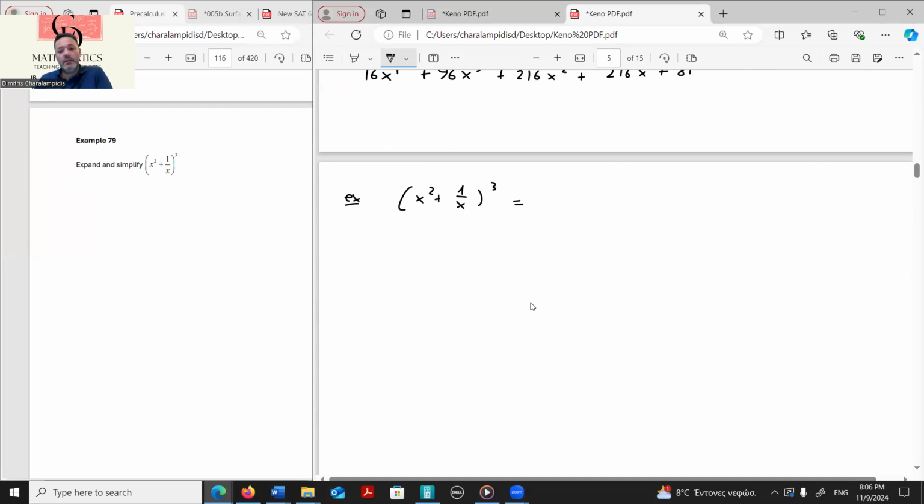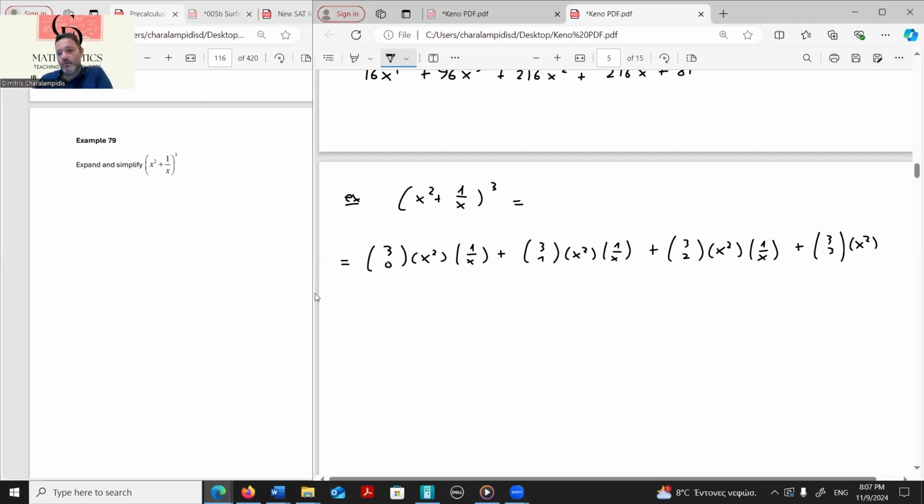I'll begin, like I did before, with the expansion part. It should be 3 choose 0 times (x squared) to the 3 times (1 over x) to the 0, plus 3 choose 1 times (x squared) to the 2 times (1 over x) to the 1, plus 3 choose 2 times (x squared) to the 1 times (1 over x) to the 2, plus 3 choose 3 times (x squared) to the 0 times (1 over x) to the 3.